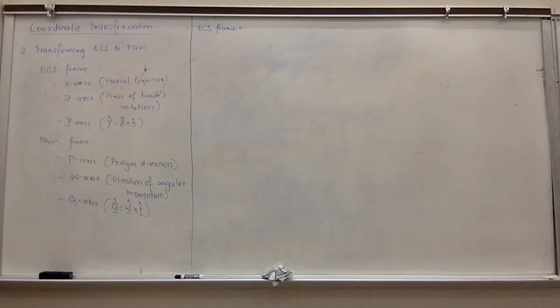I am rotating this way. What frame is this? This is the orbit, the PQW frame. So it is 90 degrees about the x-axis. The polar orbit is 90 degrees about the x-axis. The geostationary orbit is 90 degrees about the z-axis.